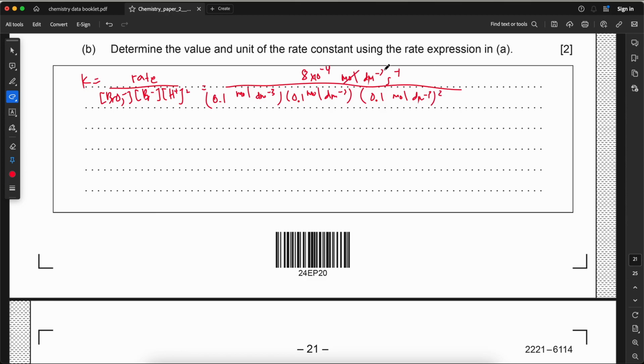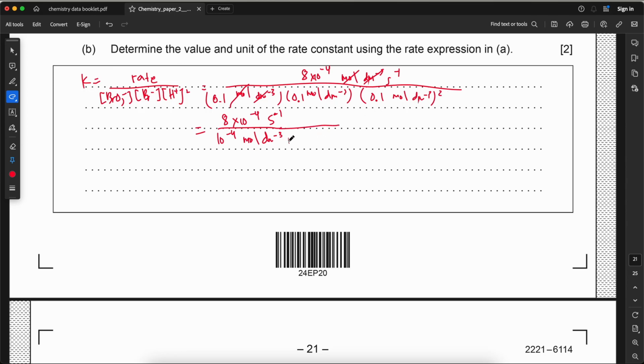So this finishes here. Okay, so that would be 8 times 10 to the power negative 4, and this would be 10 to the power negative 4 mol dm⁻³.